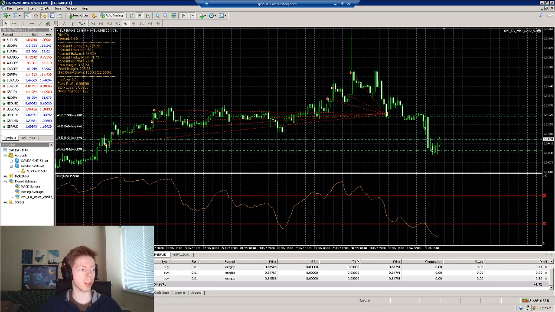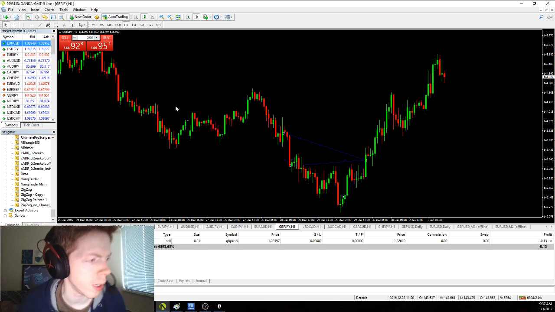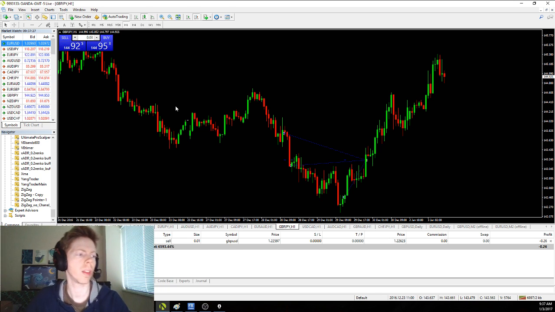I'd rather use it with 500 than 1,000, and use the extra 500 for my main trading account, at least for right now. I'm actually considering putting the EA on my large account.